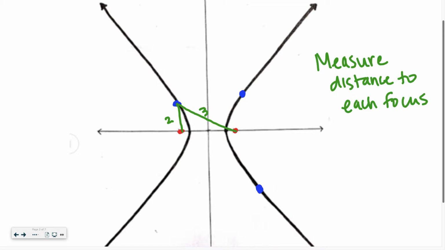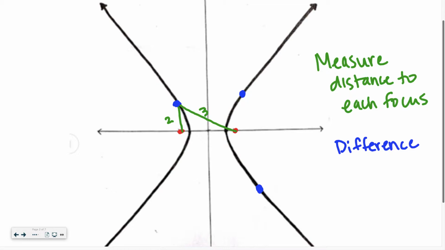Okay, now what I would like you to do is take a coordinate and find the difference of your 2 measurements.